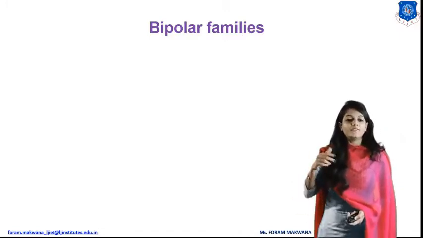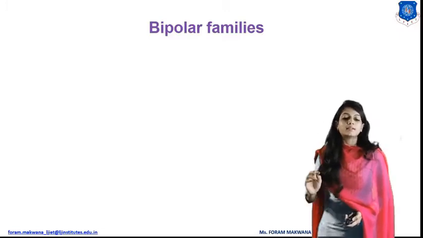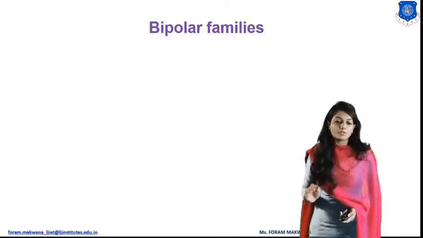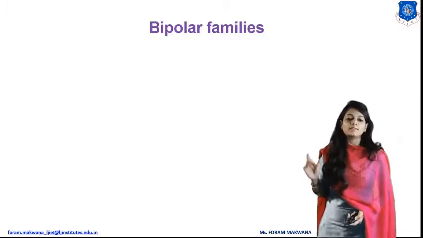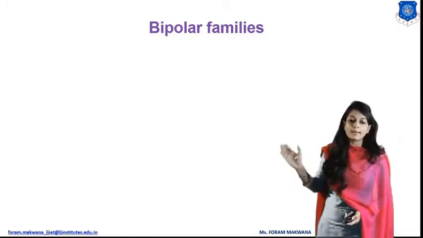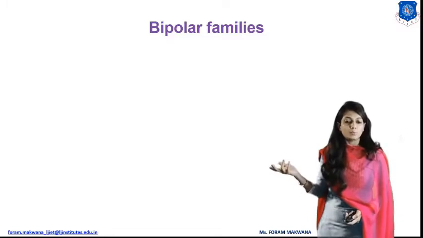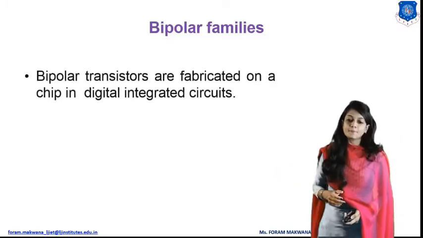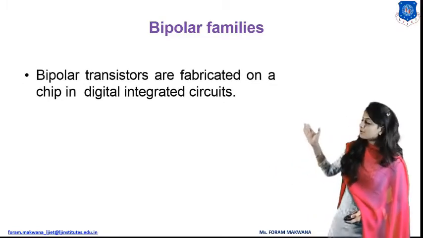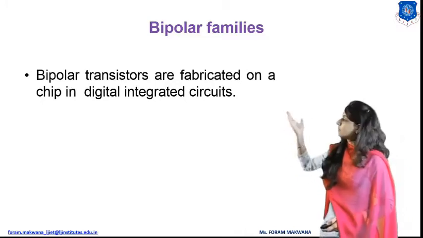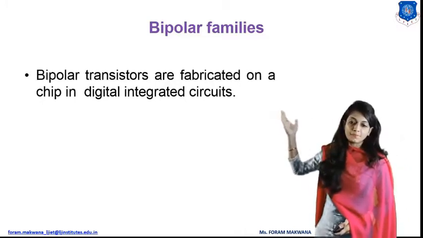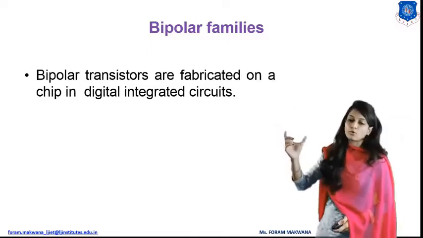And if it is a unipolar device, then current flows because of only a majority carrier. That type of device is known as a unipolar device. This is called bipolar, and the other one is unipolar. The best example of a bipolar device is the bipolar transistor, which is fabricated on a single chip.